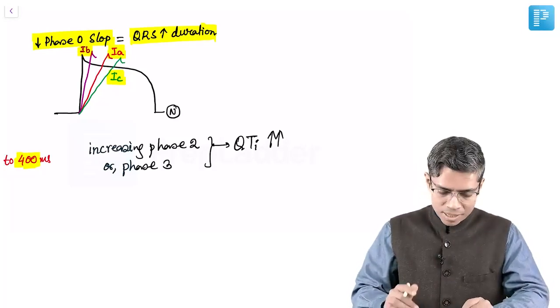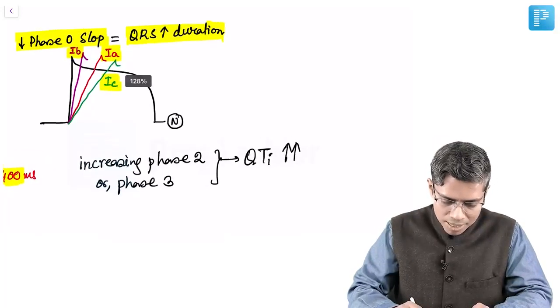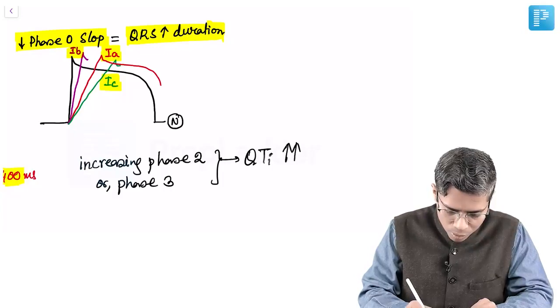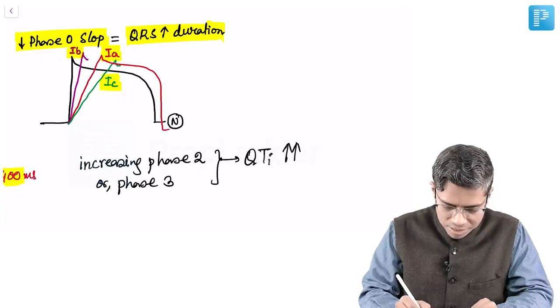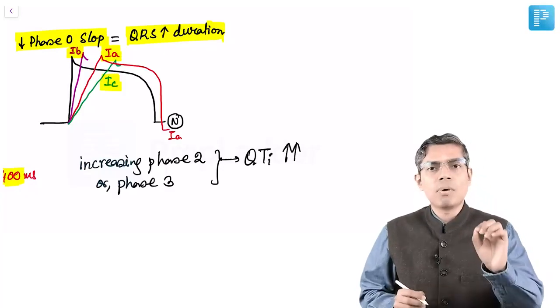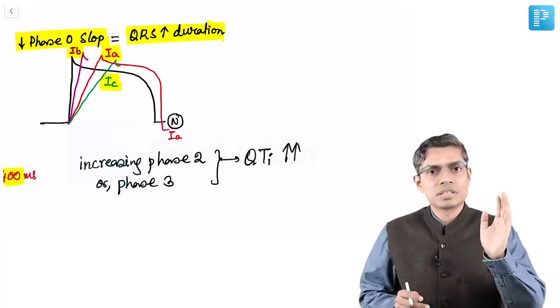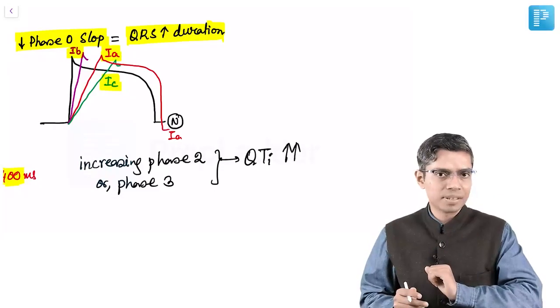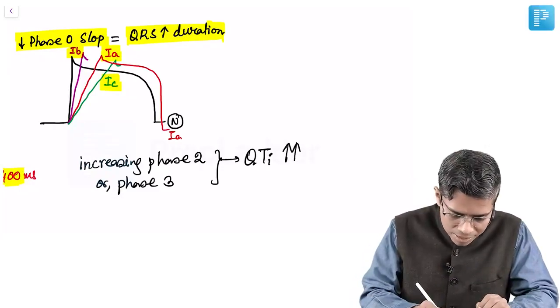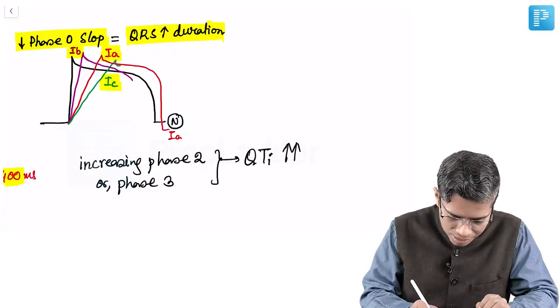And all of you know that class 1A antiarrhythmic agents are going to cause prolongation of the action potential duration. So this is 1A. Similarly, 1A is also going to cause QT prolongation, right? 1B is going to decrease the action potential duration rather than increase it.